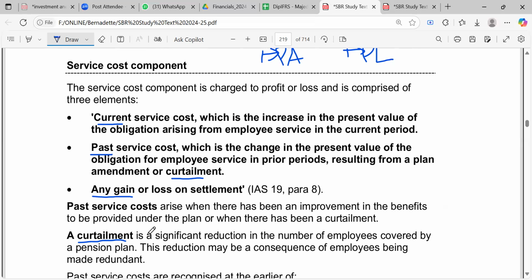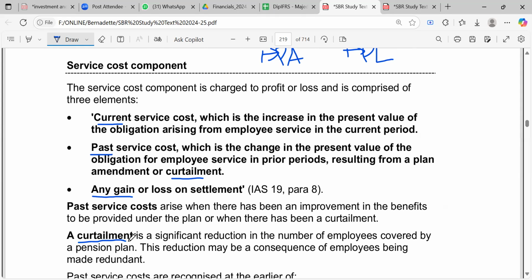That's why I say the curtailment is a significant reduction in the number of employees covered by a pension plan. Maybe it was just a decision to say, okay, we are covering 20 employees, but right now we'll be covering like 15 employees from 20. You see that?